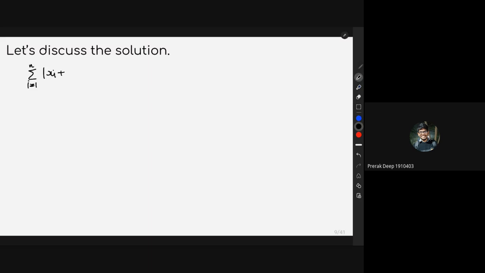Summation of x_i y_i to the power p was on the left hand side, and this was smaller than summation x_i times (x_i plus y_i) to the power p minus 1, i varying from 1 to n, plus summation y_i times (x_i plus y_i) to the power p minus 1, i varying from 1 to n. So this is what I had on the right hand side.